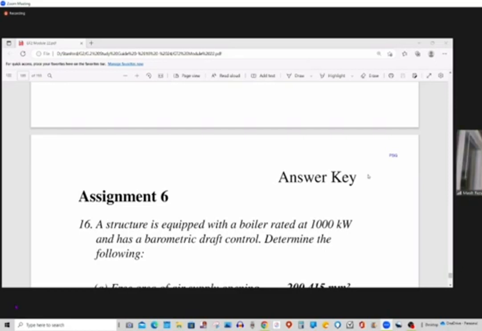So, sir, here you have 1,000 kilowatt. You write it down, please, sir. 1,000 minus the first 300 kilowatt.